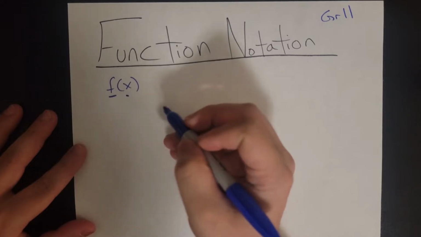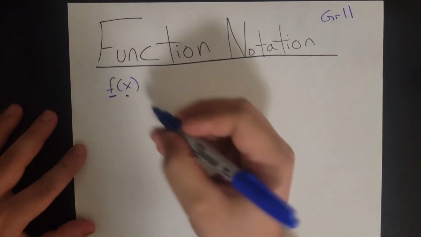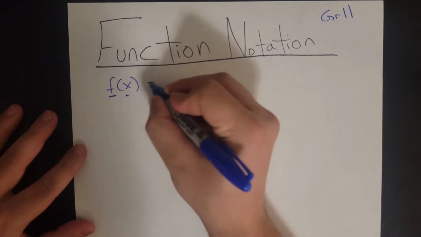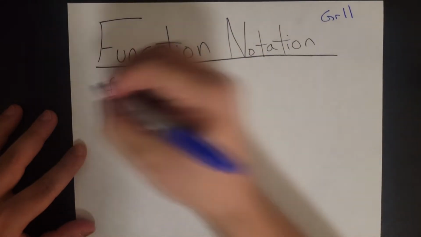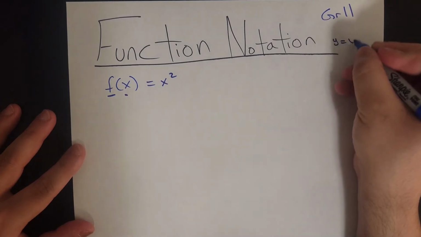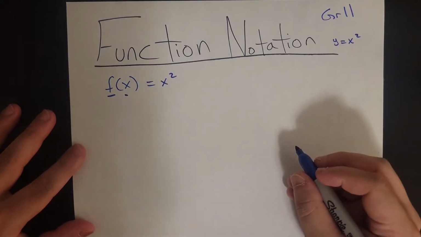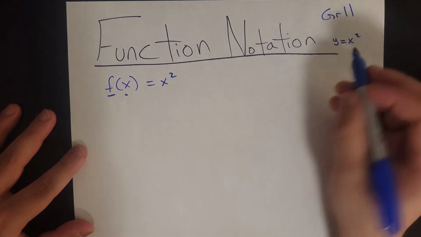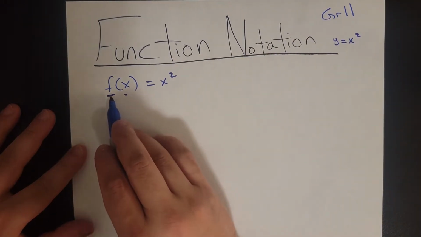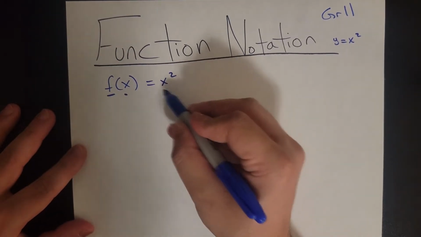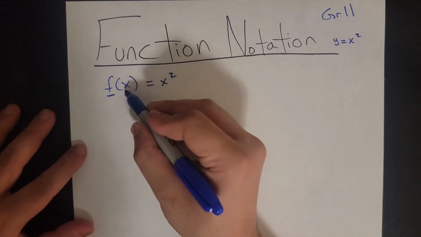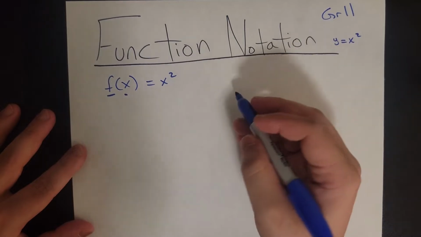So it might look something like f of x equals x squared. Usually we're used to seeing something like y equals x squared, but now we're going to represent the function f of x. So whatever x is, we can plug into here and represent it like that.